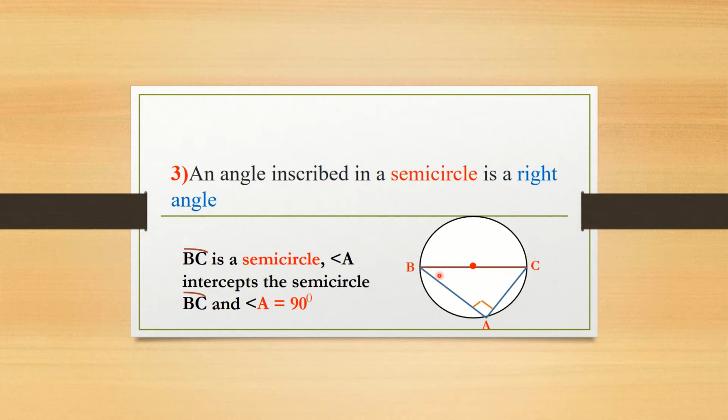So, arc BC and arc BAC are equal as they are semicircles of the circle. And angle A intercepts the semicircle BC, which means angle A is a 90-degree angle.